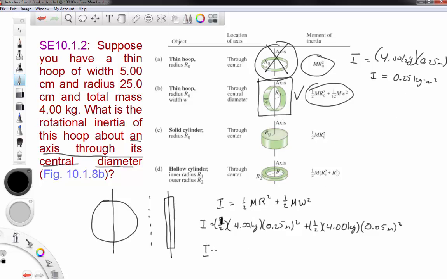So our total moment of inertia for this entire hoop would be about 0.13 kilogram meters squared. So notice that this right here is actually a little over, but just barely over, half of the moment of inertia we would have calculated had we attempted to calculate for a hoop that is spinning in this direction.